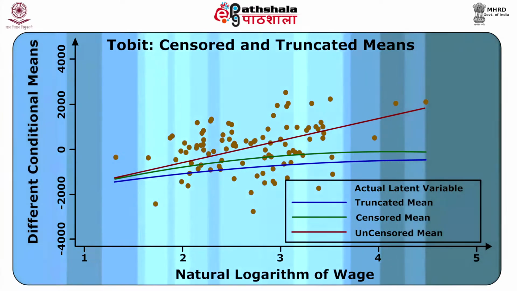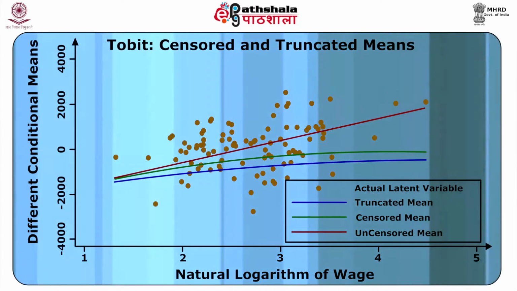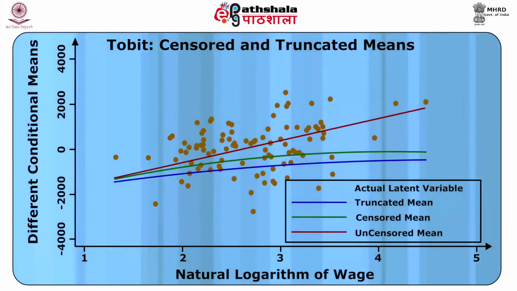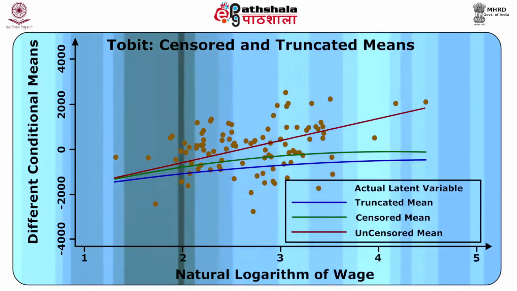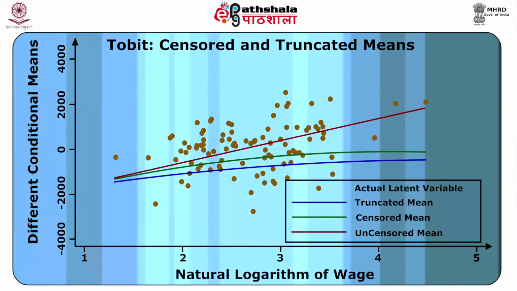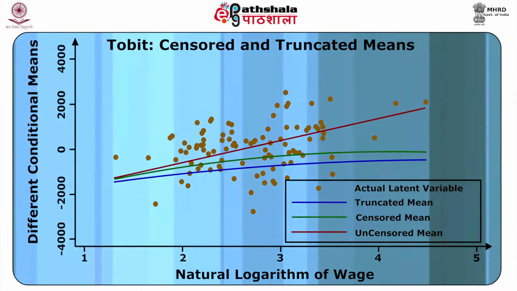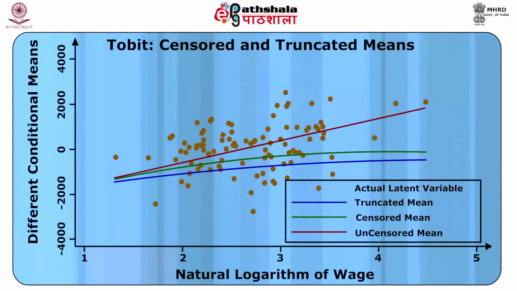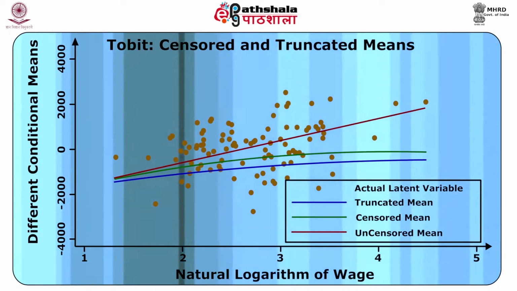So in this graph 2, we again have the censored and truncated means for different conditional means. It is clear that censored and truncated conditional means are non-linear in X, even if the underlying population mean is linear. OLS estimation using truncated or censored data will lead to inconsistent estimation of the slope parameter.